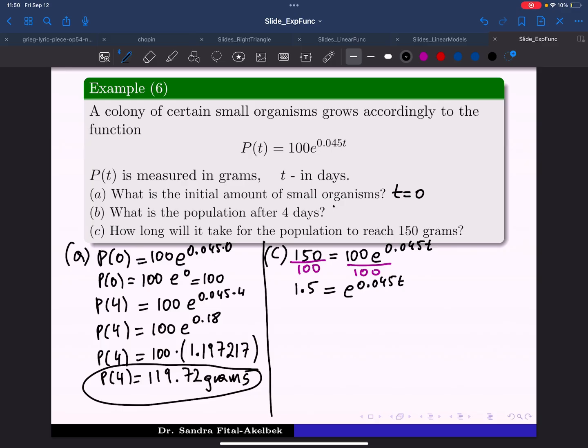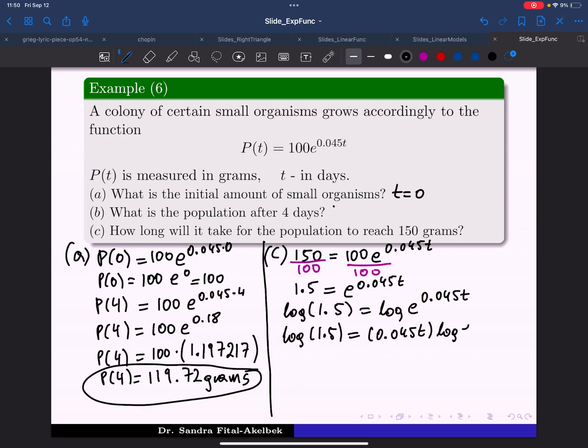Now we can take log of both sides, or we can take ln, natural log. But let's take log of both sides. 1.5 is equal to log of e to the 0.045t. As before, the whole exponent can go in front. So we have log 1.5 is equal to 0.045t times log of e.